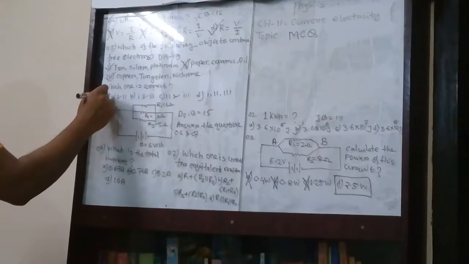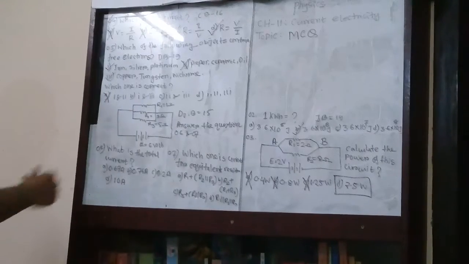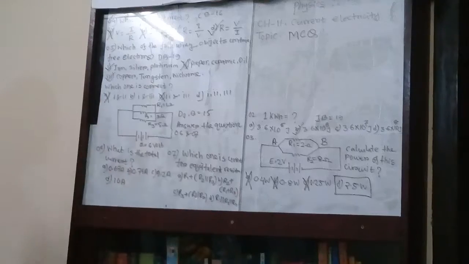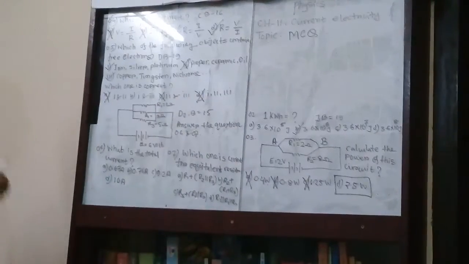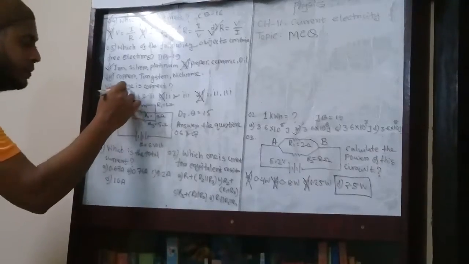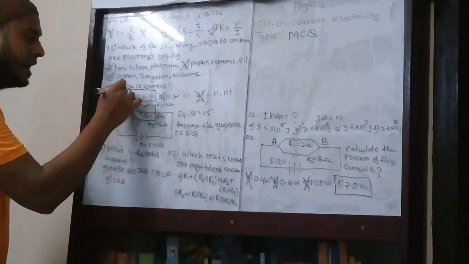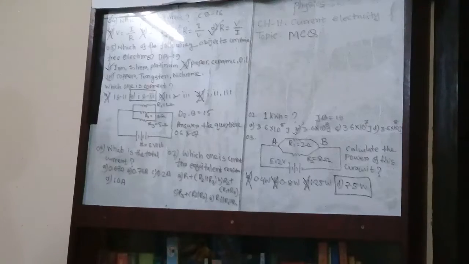That's why A is wrong, C is wrong, D is wrong. So the correct answer is option number B, 1 and 3.